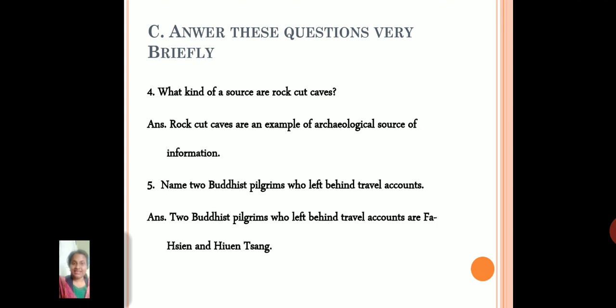Example, spelling EXAMPLE. Are an example of archaeological sources of information.